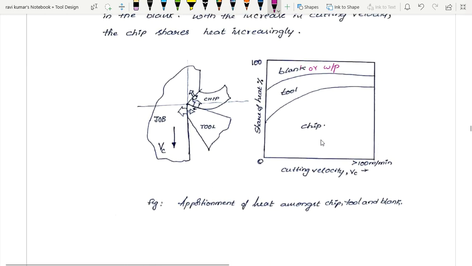So in brackets I may write no cutting fluid is used. When I use cutting fluid, I should understand that the cutting fluid will take away the majority of heat.